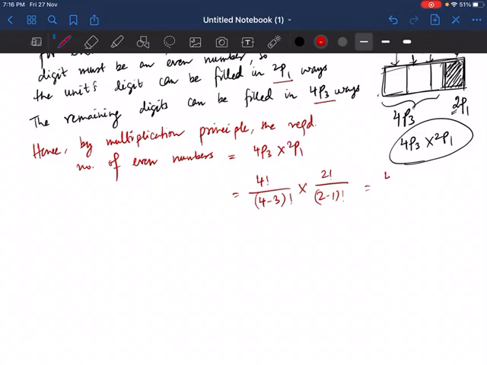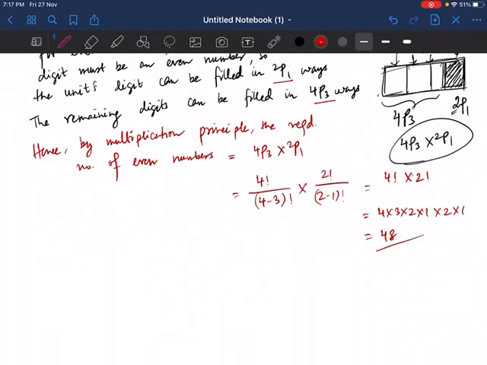So that's coming out to be 4 factorial. This is 1 factorial, so there is no need to write that, and this is 2 factorial. So we are getting 4 into 3 into 2 into 1 into 2 into 1, so that's 12, 24, that is 48. So my answer will be 48. There will be 48 even numbers.